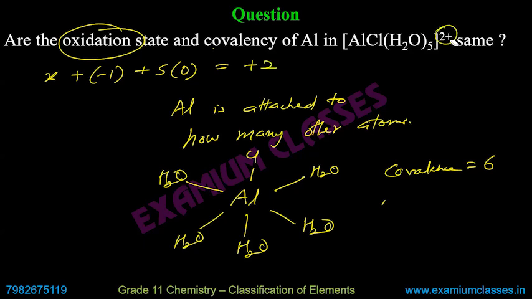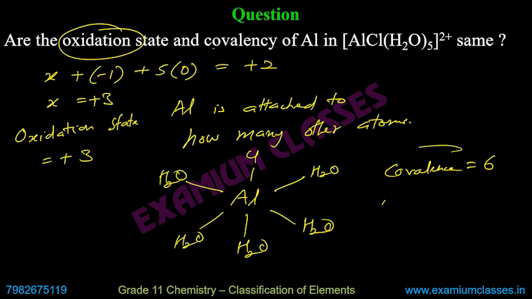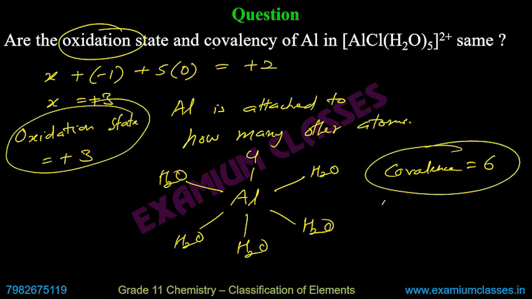So from here you will get X equals to, this part is 0 anyway, this minus 1 when it goes to the right side becomes plus 1, 2 plus 1, 3. So the oxidation state is plus 3. However, covalence is 6. So both are not the same.